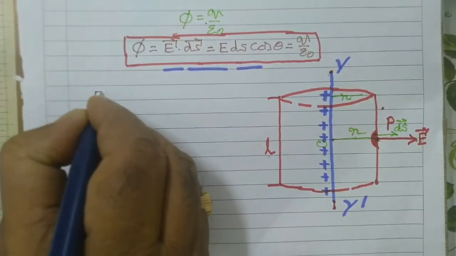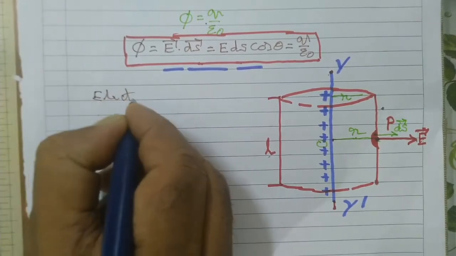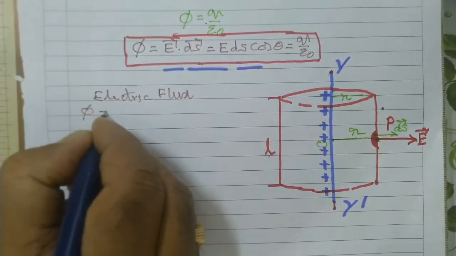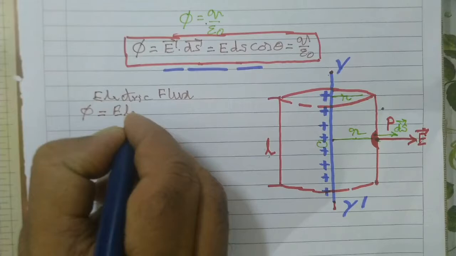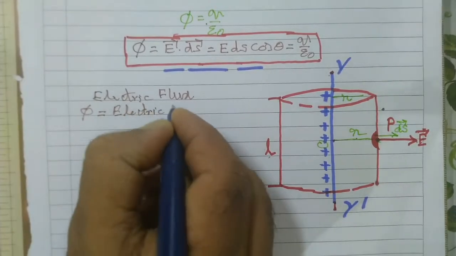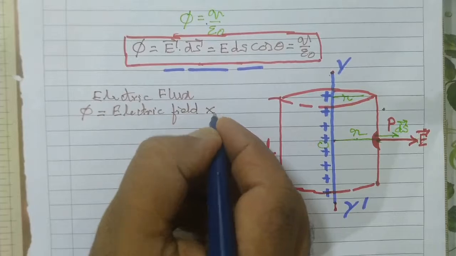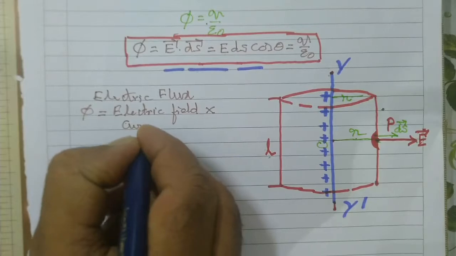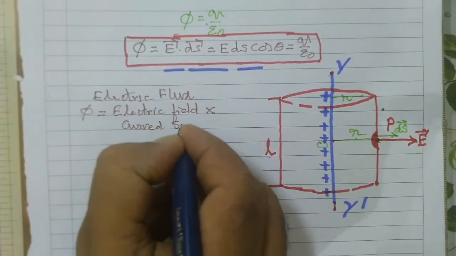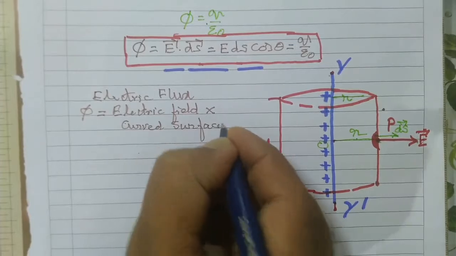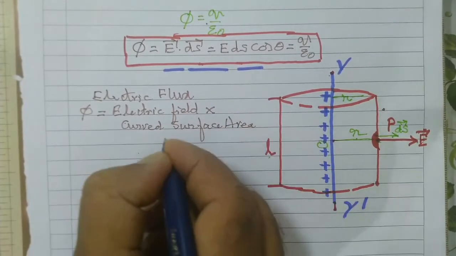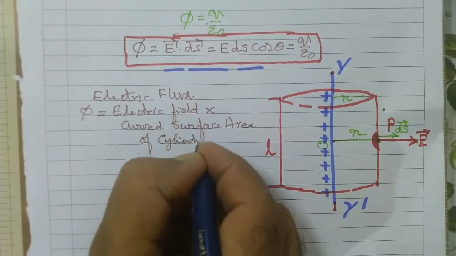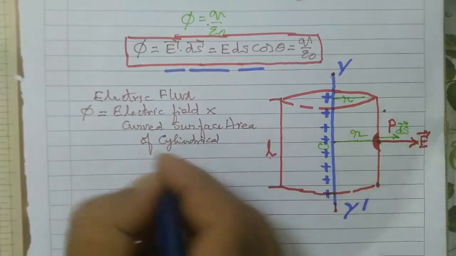Now, electric flux phi is equal to electric field multiplied by the area of the curved surface, or simply the curved surface area of the cylindrical Gaussian surface.